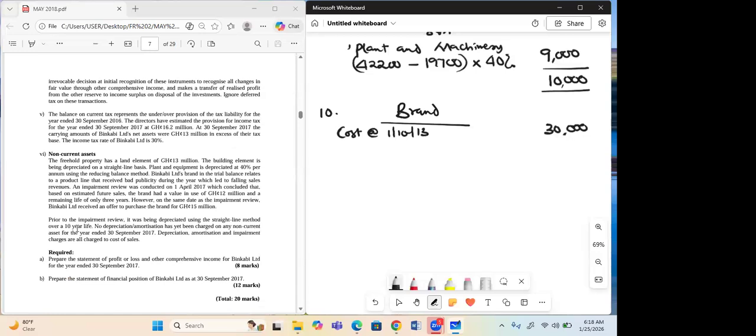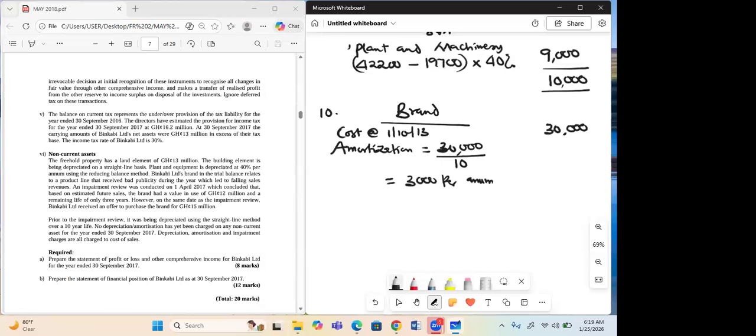So let's say amortization. They will intentionally trick you and mention depreciation to see if you also write depreciation. Then they will mark you wrong. You must know it's a trick. So it says amortization, intangible asset. 30,000 divided by 10 years gives you 3,000 per annum. So the amortization on it is 3,000 per annum.